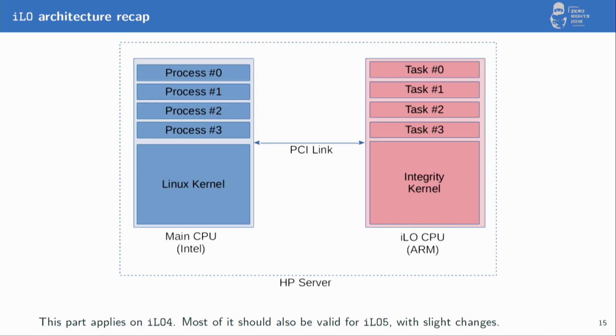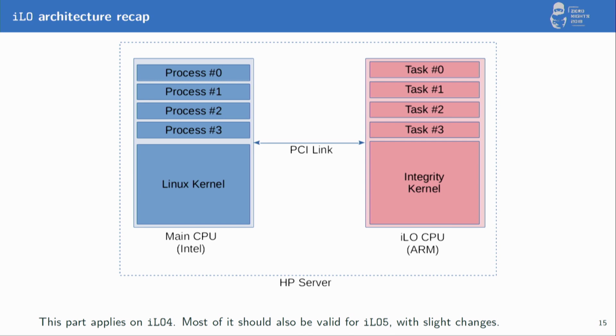So, a quick recap of the architecture of an HP server. There are, in fact, two really separated systems in the server. The first, on the left, is the main CPU, usually an Intel CPU with x86 architecture running a standard operating system, here a Linux kernel with all its processes in userland.